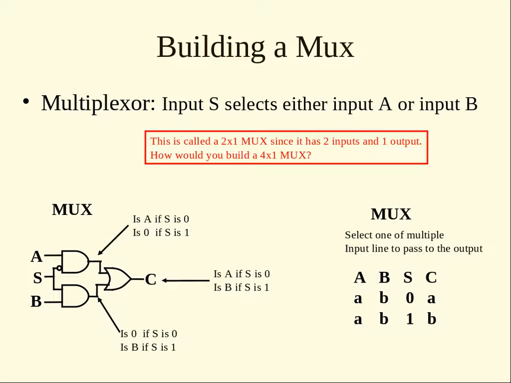There's another S, S2. I'm trying to remember if I actually did this part correctly, because I may not have. So that S0 will select the A or the B, and that one will select that. So this one is selecting whether you're selecting the first one or not.